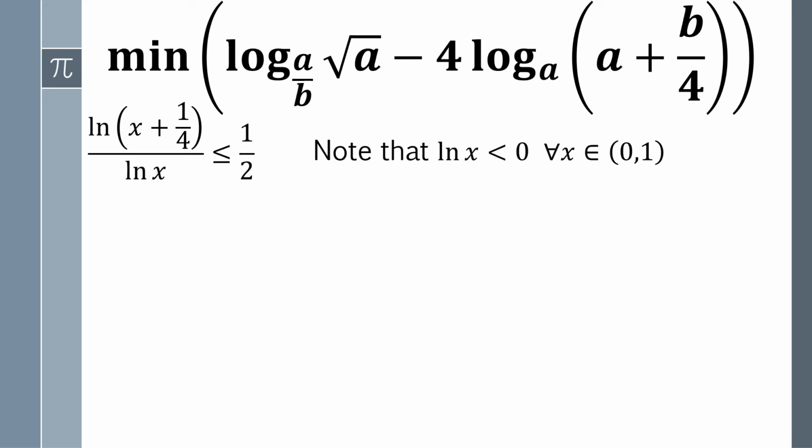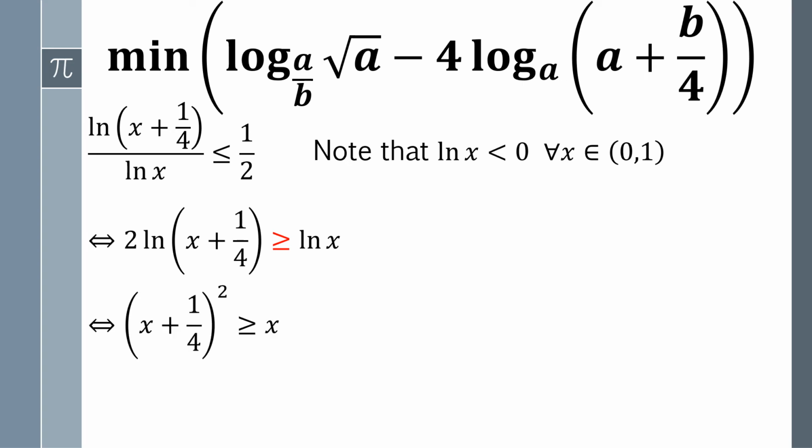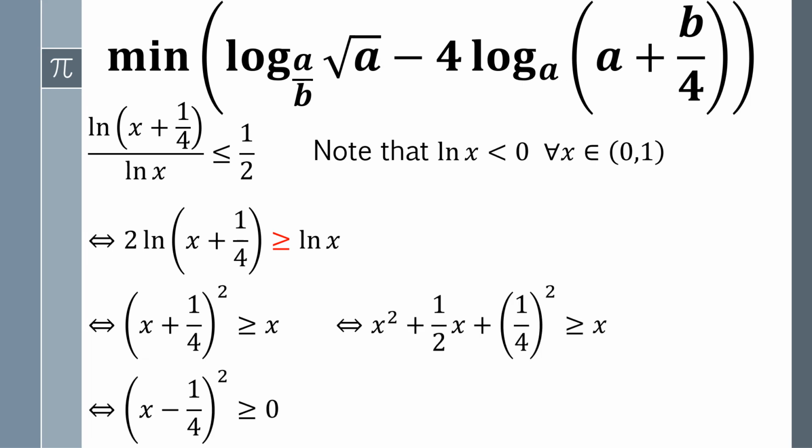And note that log x is less than 0. Then the inequality becomes 2 times log x plus 1 over 4, no less than 1 log x, which is equivalent to x plus 1 over 4 squared, no less than 1x, equivalent to x minus 1 over 4 squared, no less than 0. And this inequality holds true for any real numbers. This proves that what I guessed was correct.